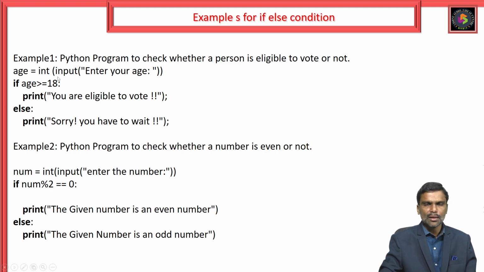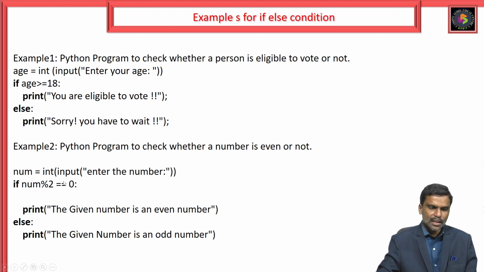Here age is equal to some input, that means we are giving the input from the keyboard. So if age is greater than or equal to 18, you are eligible to vote. If not, if age is less than that, then you are not eligible to vote. Similarly, to check whether a given number is even or odd.